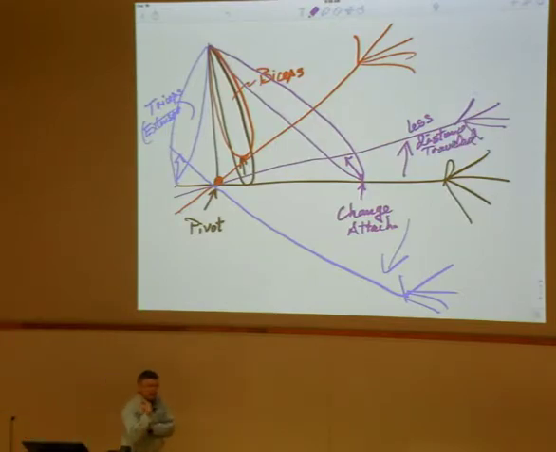So attachment points that are far from the pivot are slower. They also have a mechanical advantage if they're further away, so you get a little bit more power.